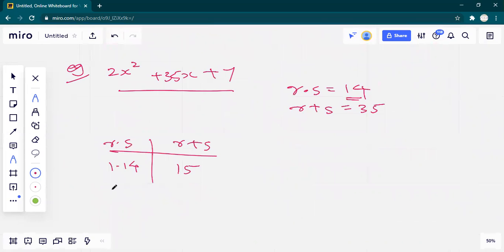The negative equivalents we are not checking, because we need the sum 35, a positive number, so ignore that. If you write negative 1 times negative 14, you will get 14, but its sum is negative 15. The other combination is 2 times 7, its sum is 9.